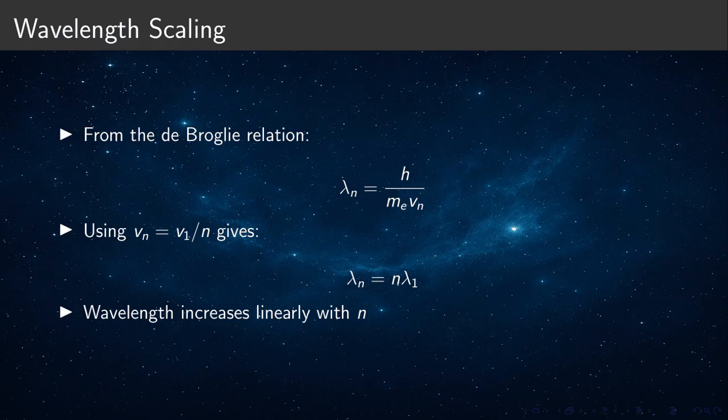As a direct consequence of the de Broglie relation, the wavelength increases linearly with n, lambda_n equals n lambda_1. This establishes a consistent scaling hierarchy linking spatial structure, dynamical motion, and wave behavior within the atom. Each successive shell corresponds to a larger, lower energy standing wave mode of the electron.